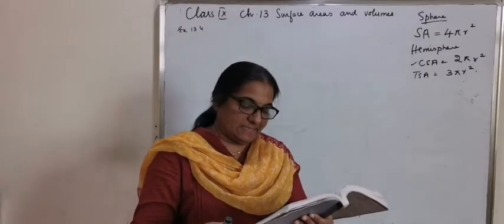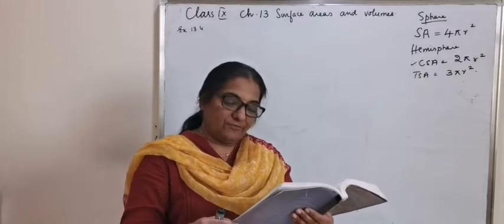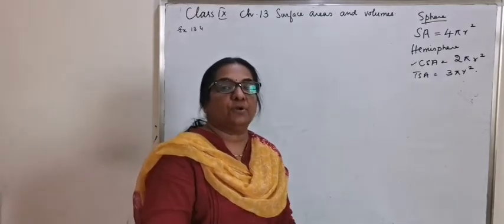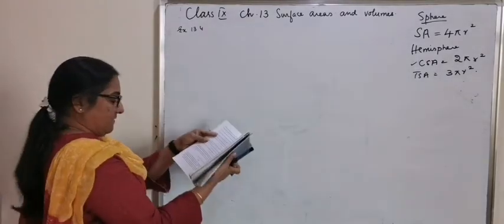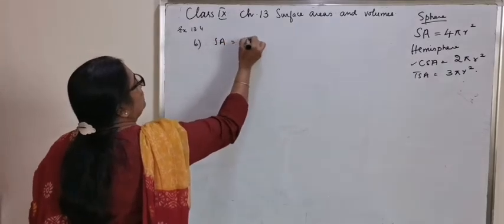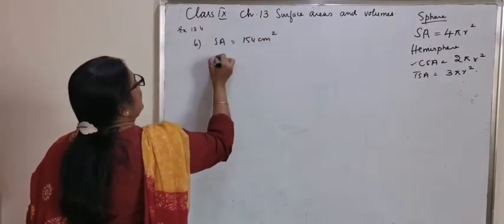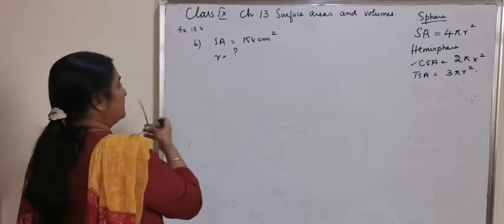Question number 6. Find the radius of a sphere whose surface area is 154 centimeter square. So the surface area is given as 154 centimeter square. You are asked to find out the radius. So substitute the formula.